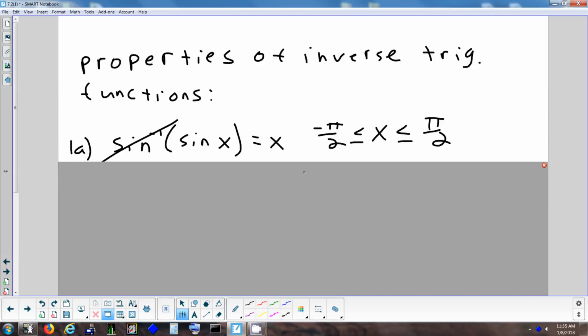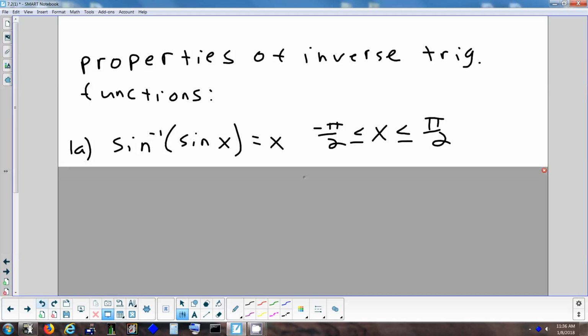But inverse sine right next to regular sine cancels it out because they're right next to each other. And what you're left with is just the x. As long as x is between negative 90 and positive 90. Or if you're doing radians, negative pi over 2 to pi over 2. I'm not going to write every one in radians and degrees, okay, but I will this one.